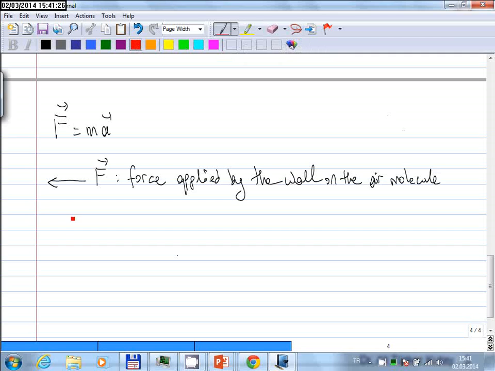And let me use red color for that. So this is the reaction force applied by the molecule.